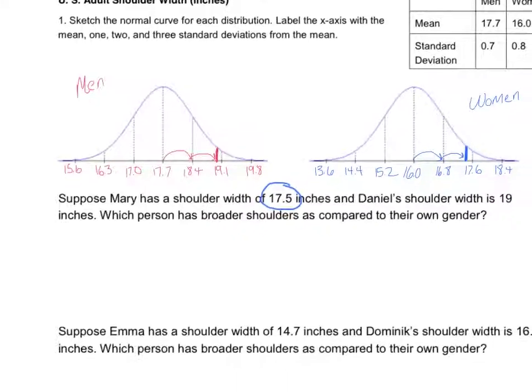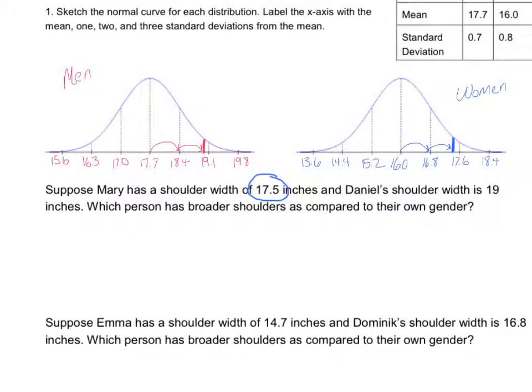Here's how this will work. Let's take Mary, and she had her shoulder width of 17.5. Let's subtract the mean. In her case, the mean was 16. And then once we subtract it, we'll figure out how much that distance is, and then we'll divide it by the standard deviation to figure out how many standard deviations she is away from the mean.